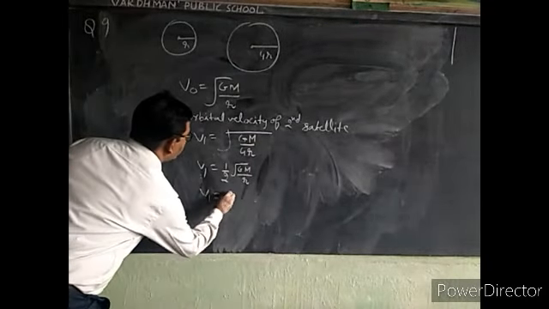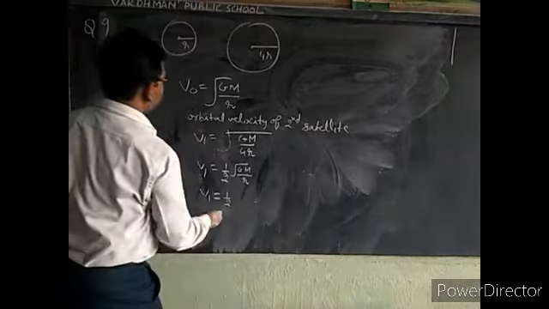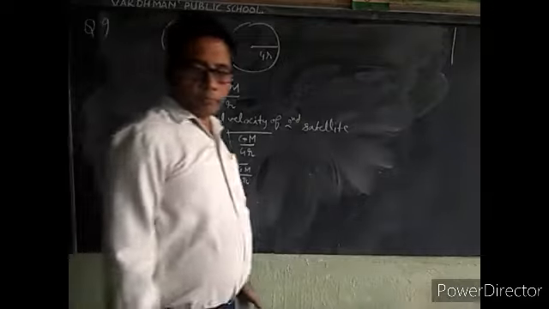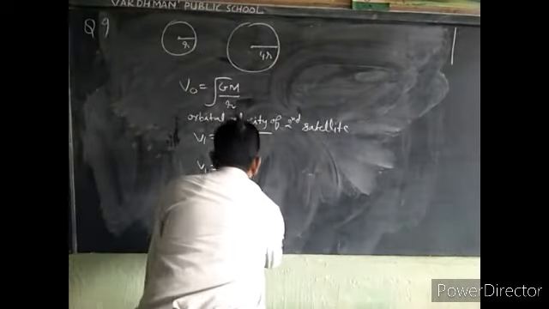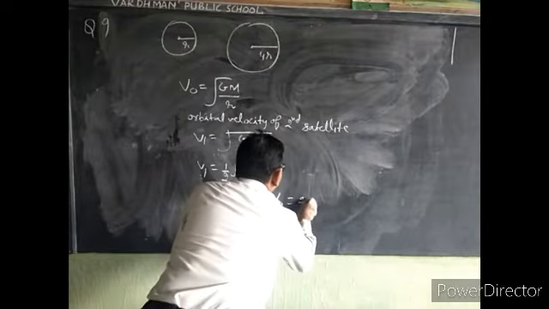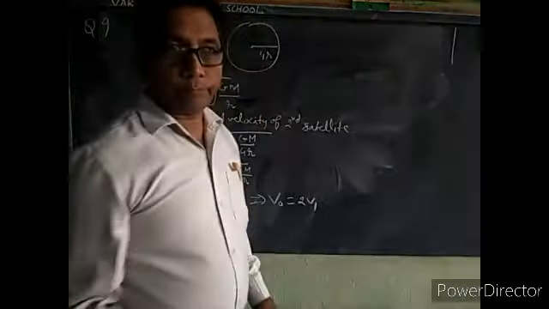So v1 is equal to 1 upon 2 v_o, which can also be written as v_o is equal to 2 v1. Thank you.